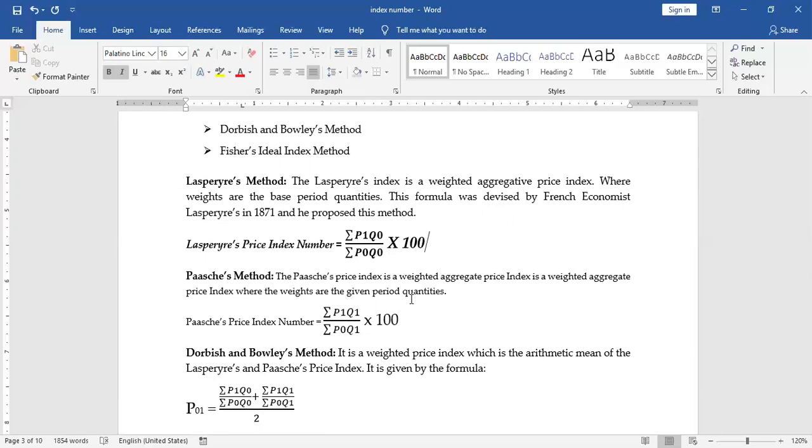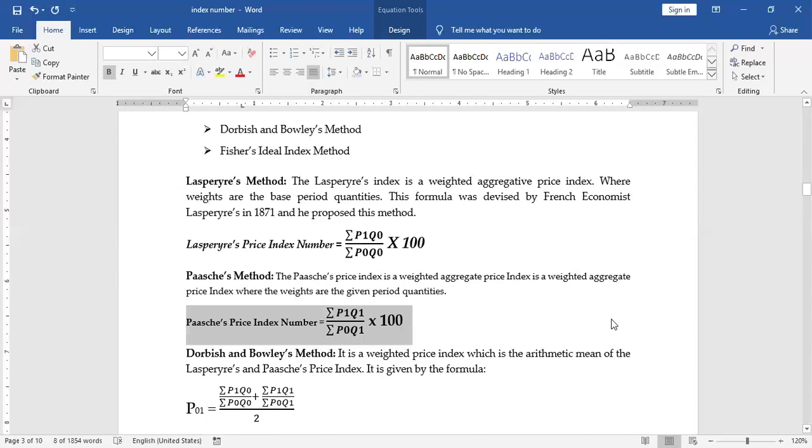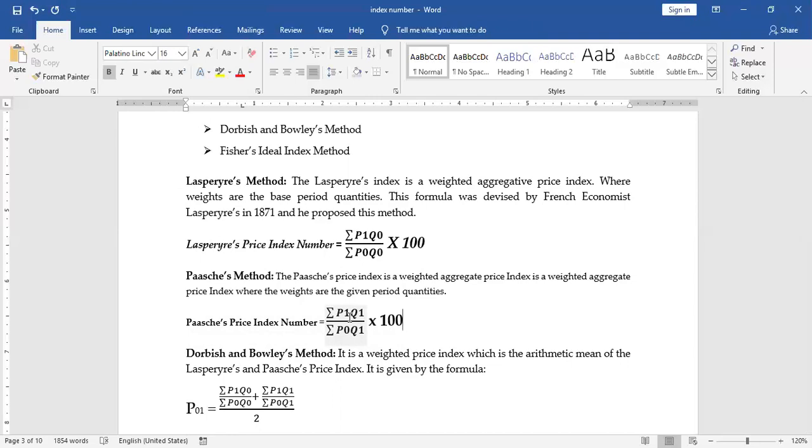The formula is sigma P1 Q1 divided by sigma P0 Q1 into 100. P1 is the price for the current year and Q1 the quantity for the current year, divided by P0, the price for the base year, and quantity for the current year.